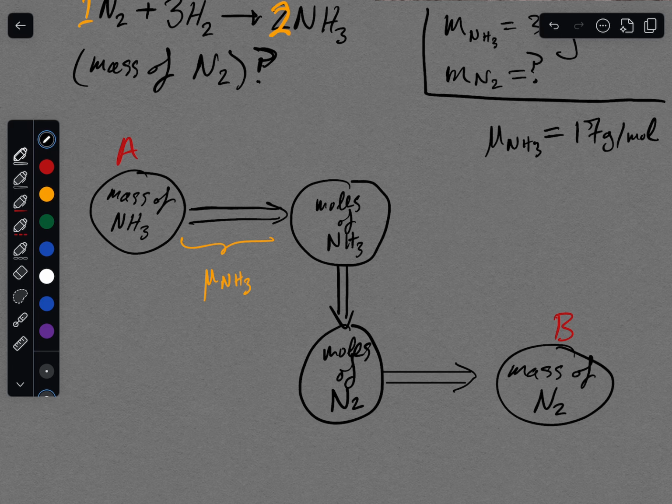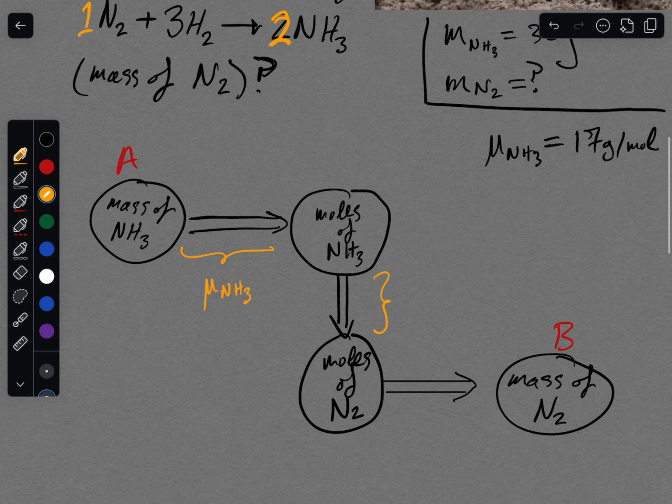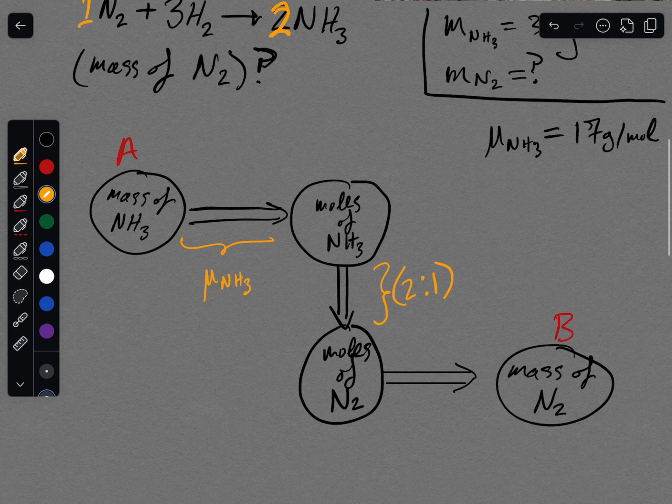Then if I want to go from moles of NH3 to moles of N2, if I want to complete this leg of our journey, if you will, I need the mole ratios, the 1:2 ratio. Or I guess if we're going from NH3 to N2, it's really a 2:1 ratio. So that's just the ratio coming directly from the chemical formula. Okay.